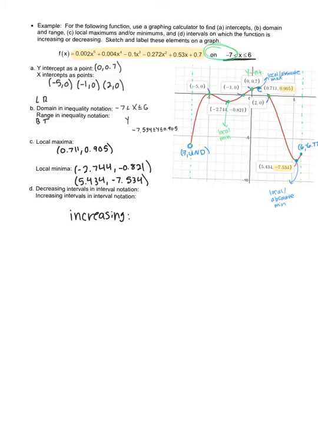From that point up until I hit the negative 5, I'm increasing. So increasing and decreasing intervals never get brackets. They always get parentheses. And you're only going to list the x values of the point. You don't have to list the whole point, just list the x value of that point.